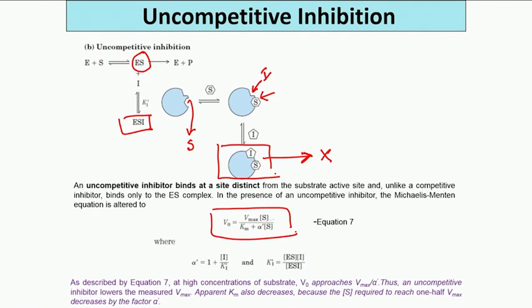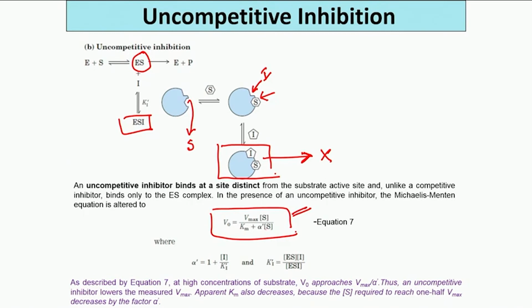Vmax S in the numerator is the same, but earlier it was Km which was multiplied by alpha, in this case Km plus alpha prime into S. Do not be too worried about how this equation has been derived. If you go to the book by White and White, you will see the derivation of this equation.